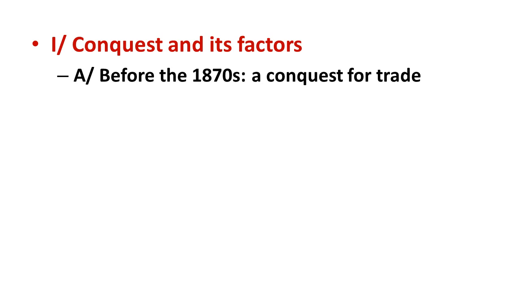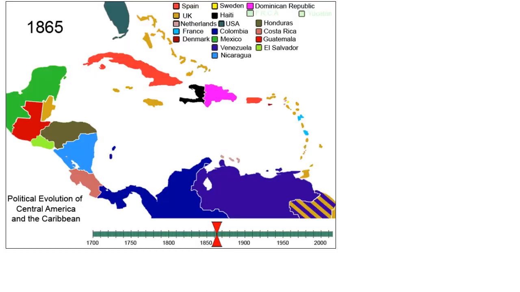Both Britain and France had conquered and administered colonies before the 1870s. And a good example, maybe the oldest example of European colonialism, was the Caribbean area, so in Central America.